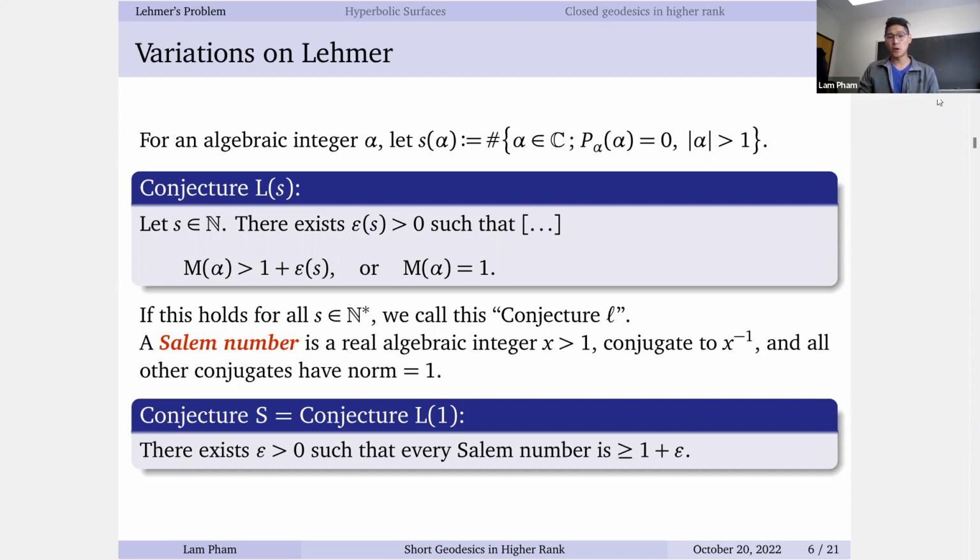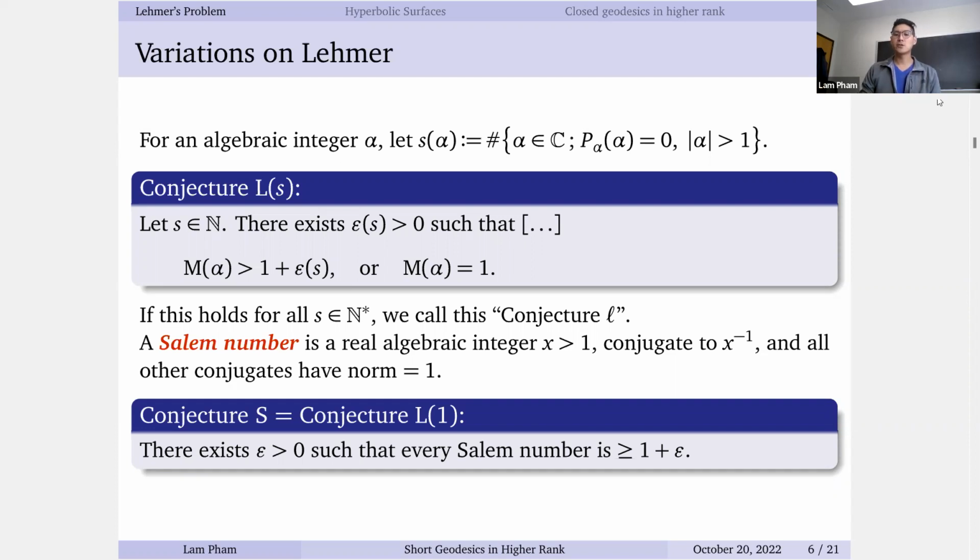So now I can specify the lemma conjecture for level S equals 1 and refer to this as the Salem conjecture, which I call conjecture S. The conjecture is that there exists an epsilon such that every Salem number is greater than 1 plus epsilon. Now, as you can see from the lowest Mahler measure known, this is still open.